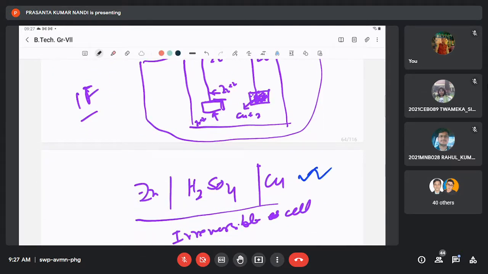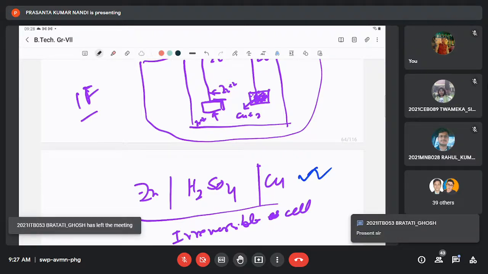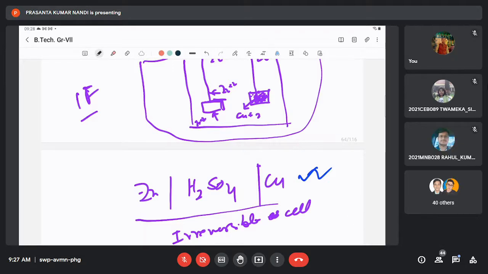Now let us consider another cell written like this: Zn | H2SO4 | Cu. It implies that, H2SO4 being a common electrolyte, we can immerse two electrodes, a zinc rod and a copper rod, in this aqueous H2SO4 solution.